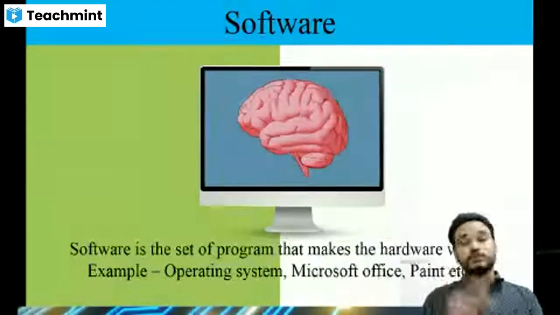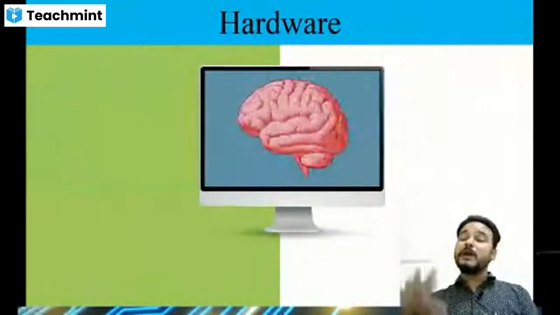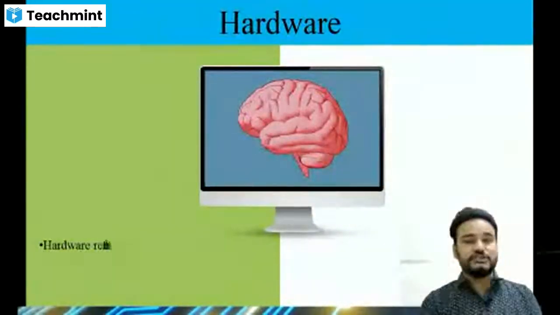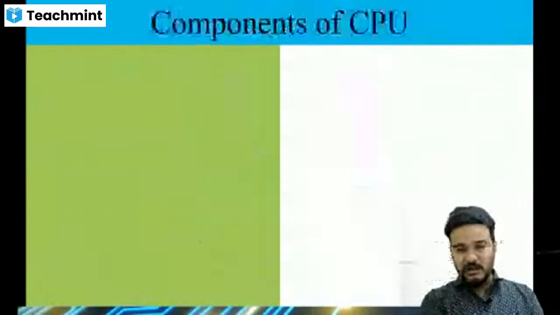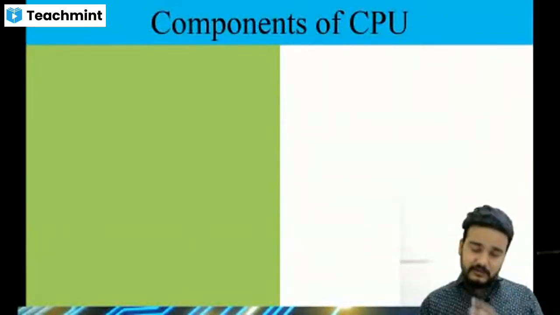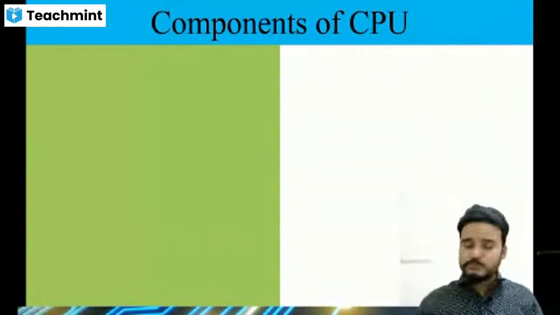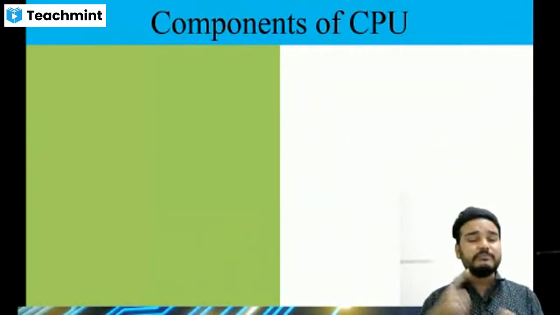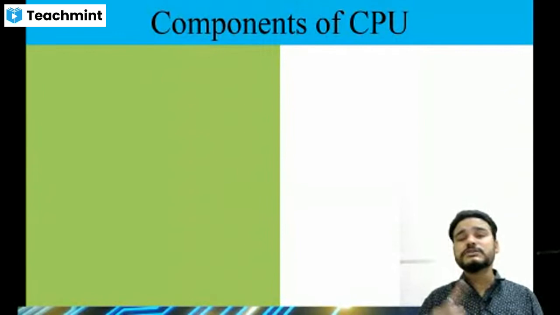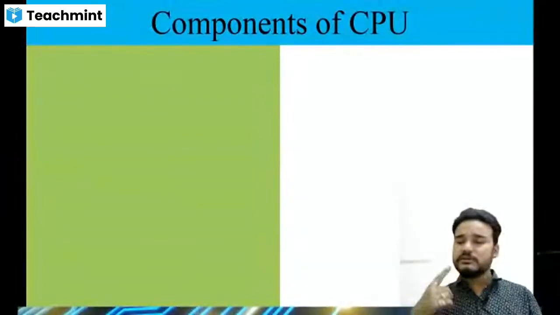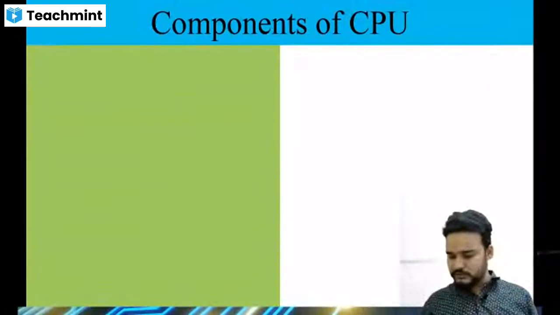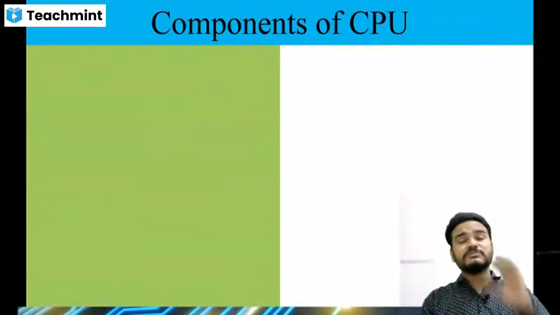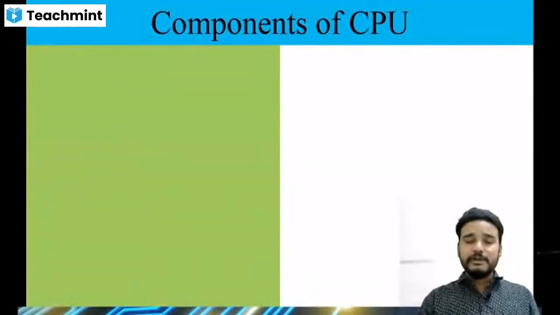And hardware means a part of computer that can be touched or seen by your eyes. In hardware all those peripheral devices come. Whatever we can see in hardware: keyboard, mouse, CPU, monitor, sounds, your web camera, pen drive, all those things come into the hardware part.